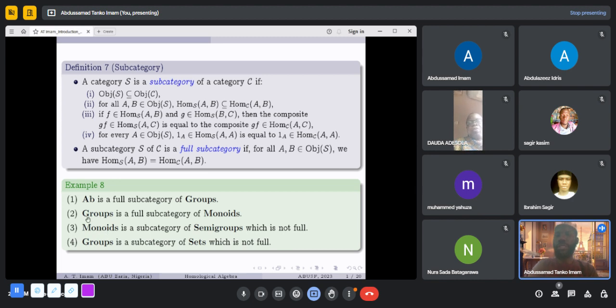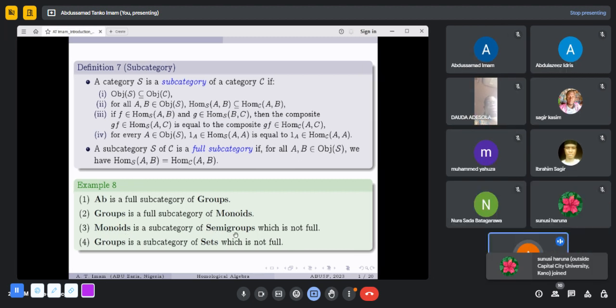And likewise, the category of groups is a full subcategory of monoids, because every group is a monoid. And if you look at a monoid homomorphism between groups, it will still be a group homomorphism. So therefore, these are the same. But monoids are a subcategory of semigroups. But this is not full, in the sense that you can look at two monoids as semigroups.